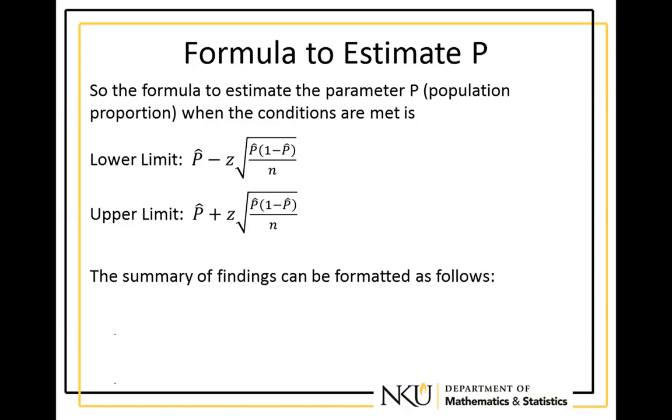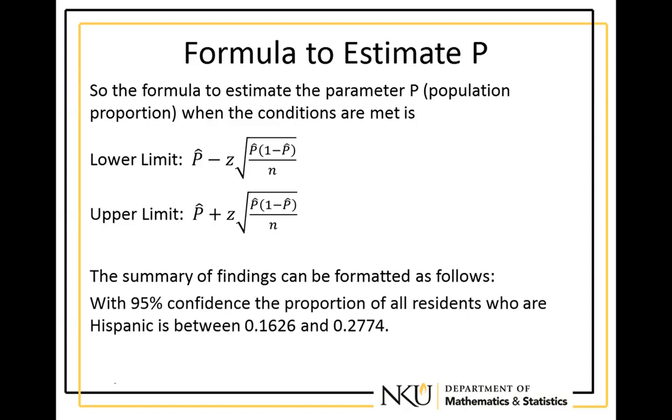Now the summary of findings can be formatted as follows. With 95% confidence, the proportion of all residents who are Hispanic is between 0.1626 and 0.2774.